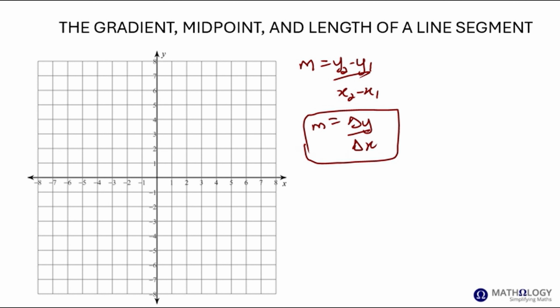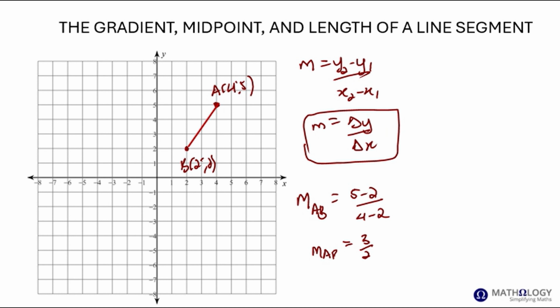So if we have 2 points, A (4, 5) and B (2, 2), then the gradient of AB will be y2 minus y1, so 5 minus 2, over x2 minus x1, 4 minus 2. That'll be 3 over 2. So the gradient of AB is 3 over 2.